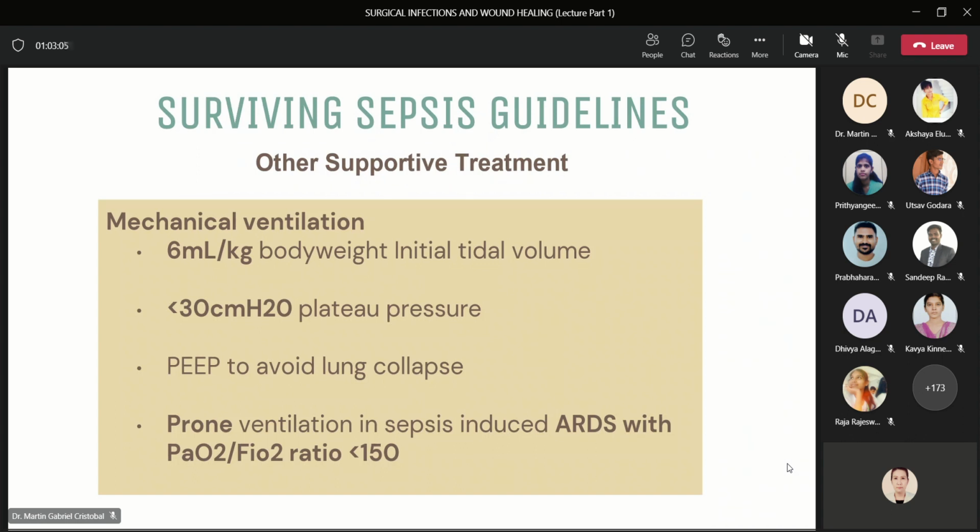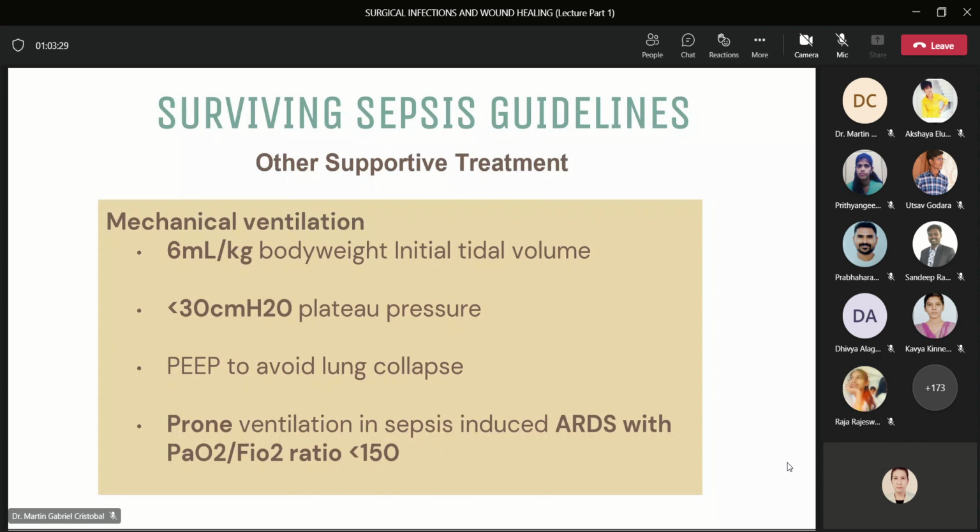The use of PEEP to avoid lung collapse should be done, and adopt a conservative fluid strategy. In the setting of sepsis-induced ARDS with a PaO2/FiO2 ratio of less than 150, prone ventilation should be given over continued supine position or high-frequency oscillatory ventilation.